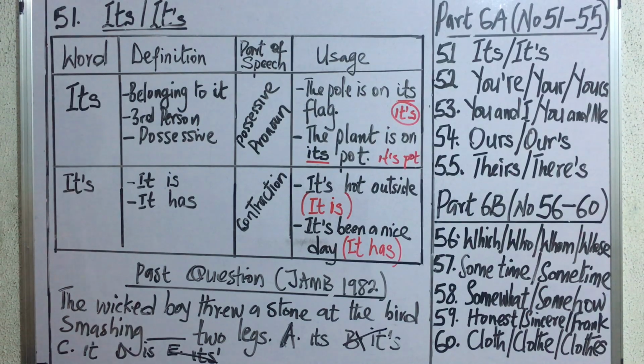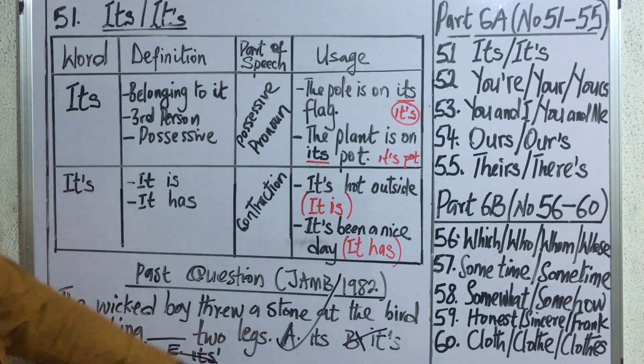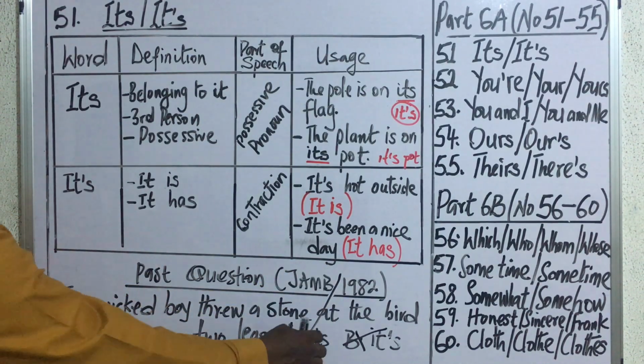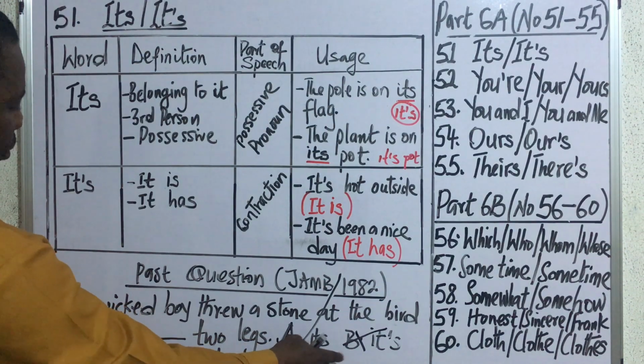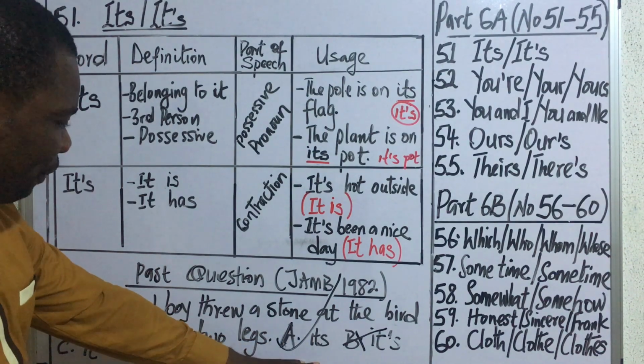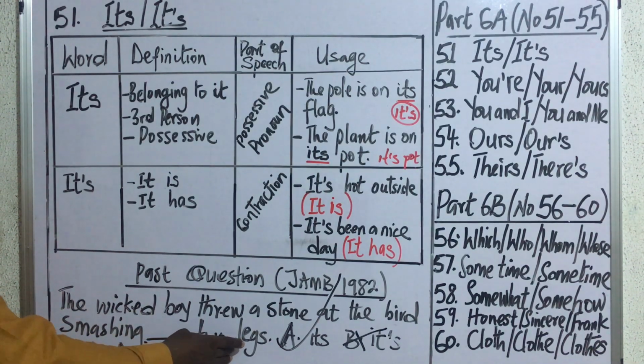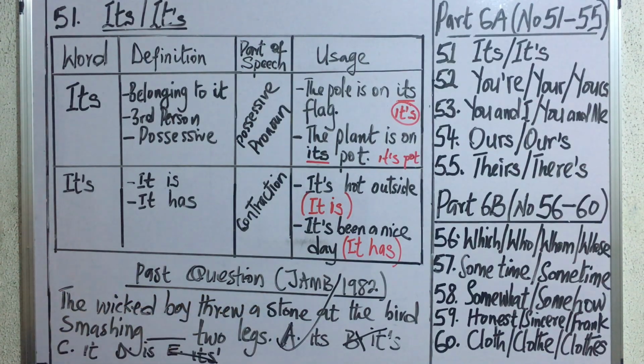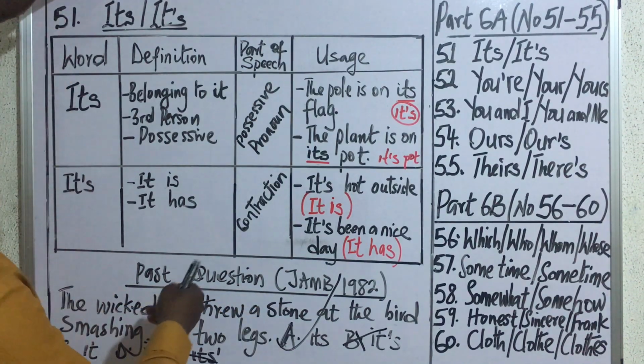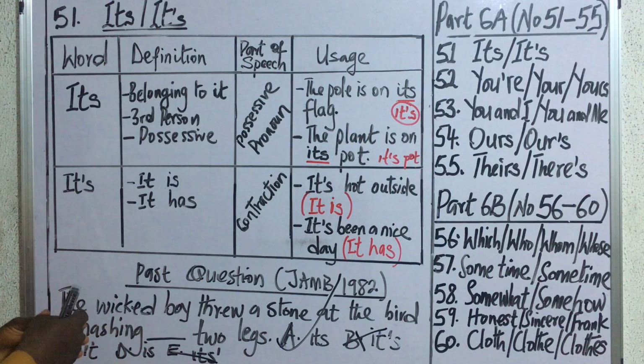So the correct answer to this question is option A, which is its. Its is the correct possessive pronoun, the correct form of the possessive pronoun that can stand in this expression to show that the legs belong to the bird. Right, so that is that about how to use the words its and it's in expression and what we can do with them under the examination condition.